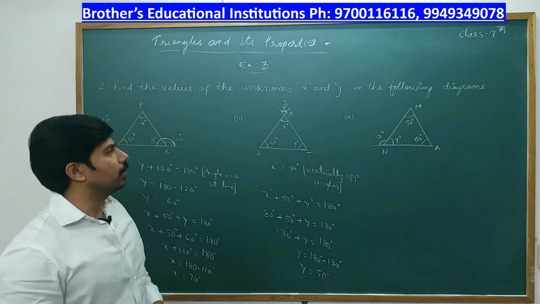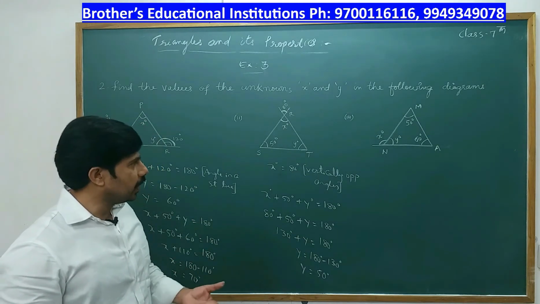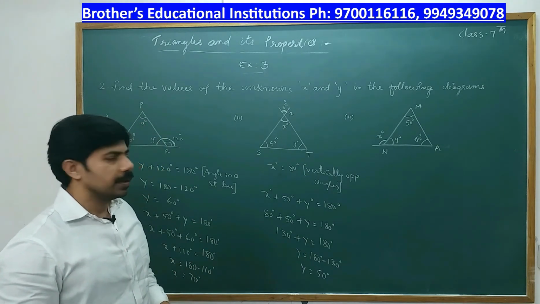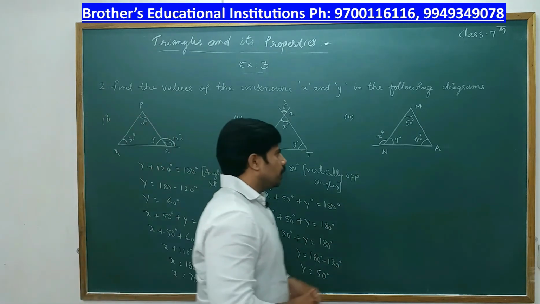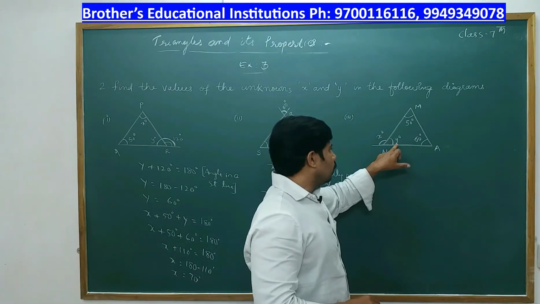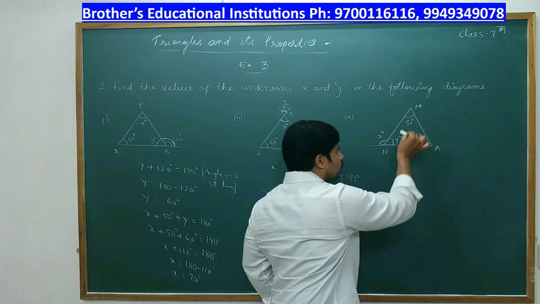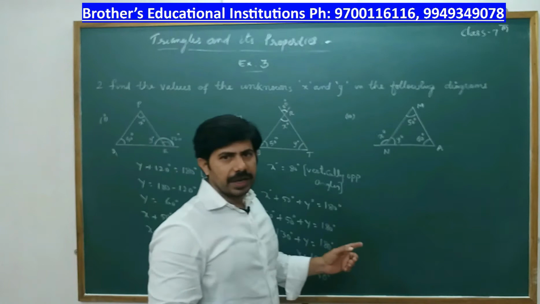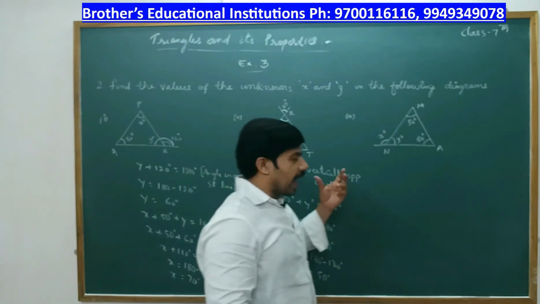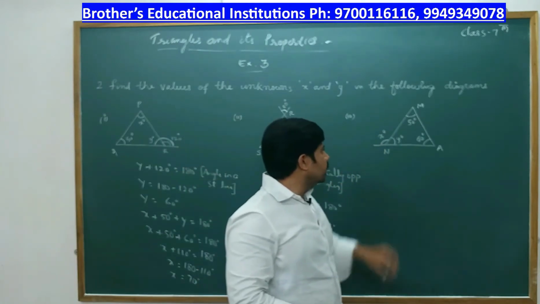Now the next problem, in triangle MNA we have to find out angle x and y. So here first what we do, here one unknown, two knowns, that means two angles are given. So using angle sum property we will find y. After getting y, using angle in a straight line, 180 degrees, we can get the value of x.